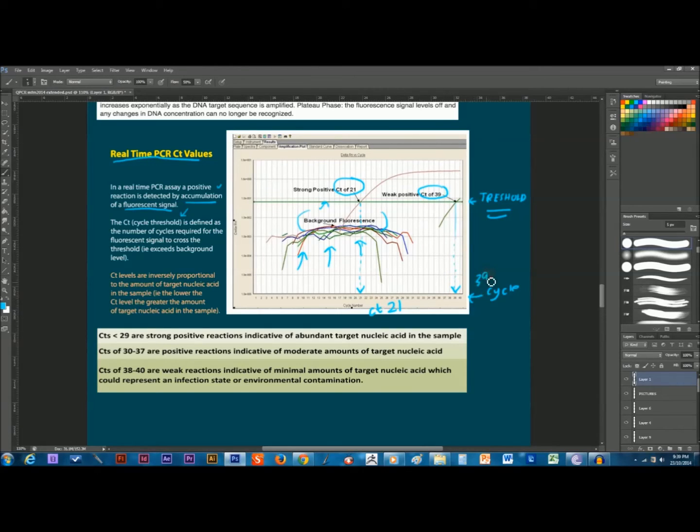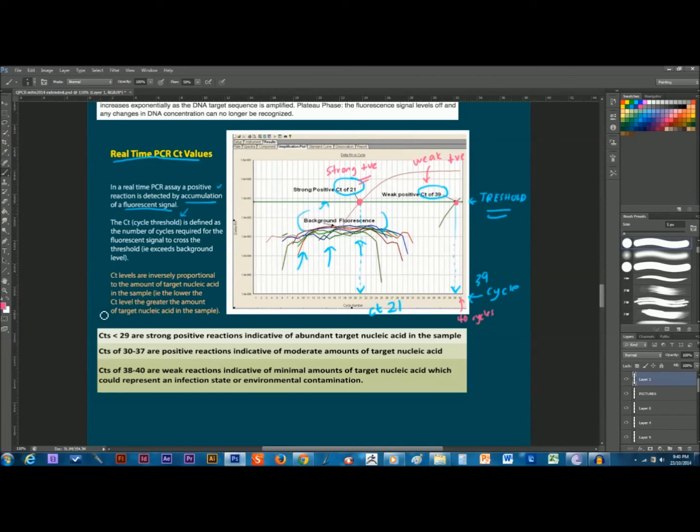This CT value of 21 indicates a strong positive because it requires only about 21 cycles to produce signals, but this sample shows a weak positive because it requires more cycles in order to give signals to the instrument. So it requires up to 39 or 40 cycles. So it means it is a weak positive, and this one is a strong positive.